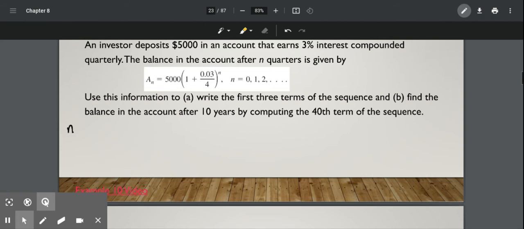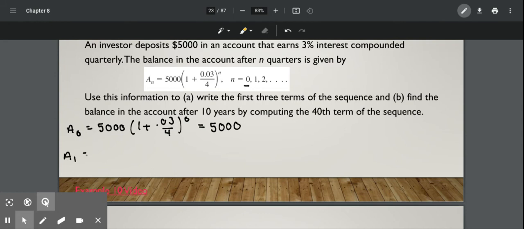So our initial term, our a sub 0, because they tell us that n is starting at 0, would be 5,000 times 1 plus 0.03 over 4 to the 0, which we know that quantity is 1. So a sub 0 is 5,000, which makes sense because that's what the investor initially deposited.